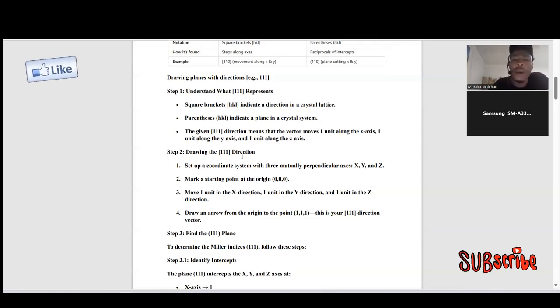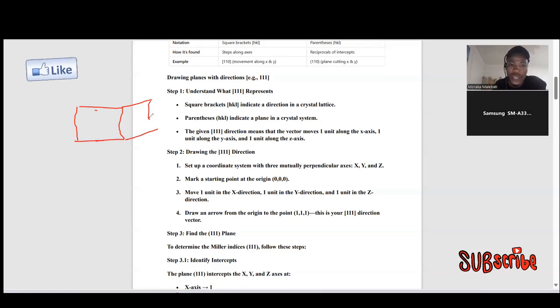Okay. Now, how are we going to be able to draw these given these plane directions? Okay, you set up the coordinate system with 3 mutually perpendicular axes. What you basically do is, for example, you can do this.